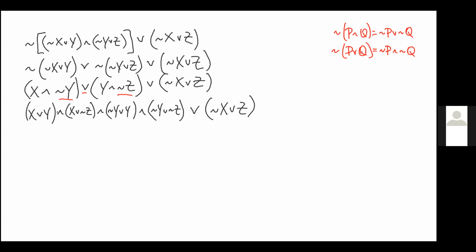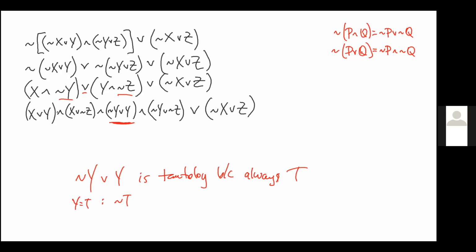Another thing to notice is one of these pieces is pretty interesting. This not y or y is actually a tautology in its own right. Not y or y is a tautology because it's always true, regardless of what value you assign y. Right? If y is assigned true, then that statement looks like not true or true.